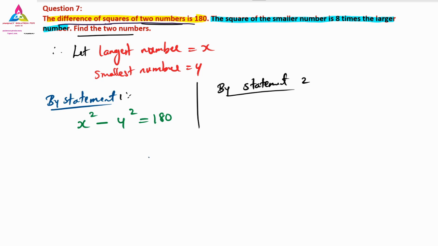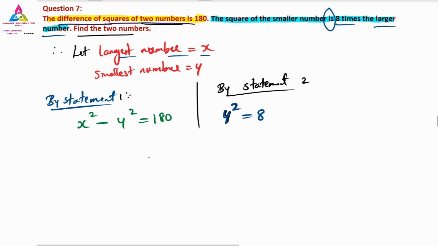Y. So y square is equal to 8 times the larger number, and the larger number is x. So y square is equal to 8 into x, that is 8x. We can write down 8x.